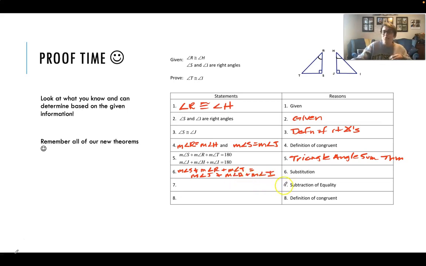So take the 180 out. We could probably have said transitive as well because we're taking out the middleman, but substitution works well here.